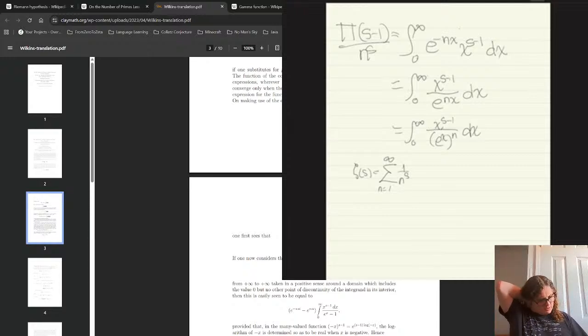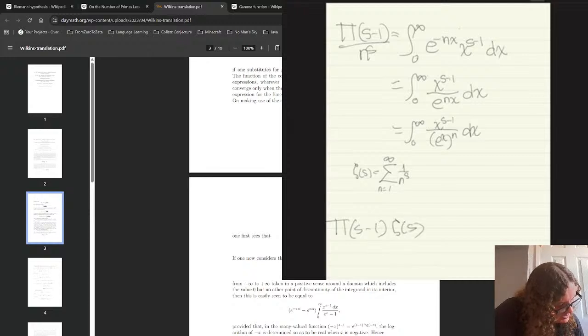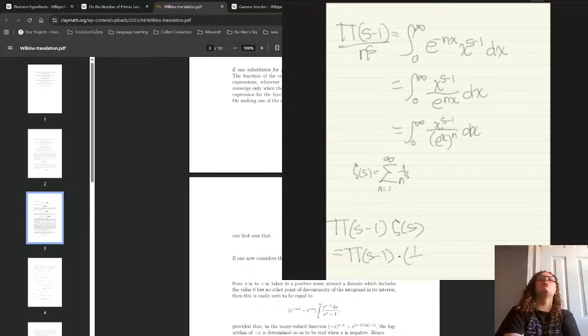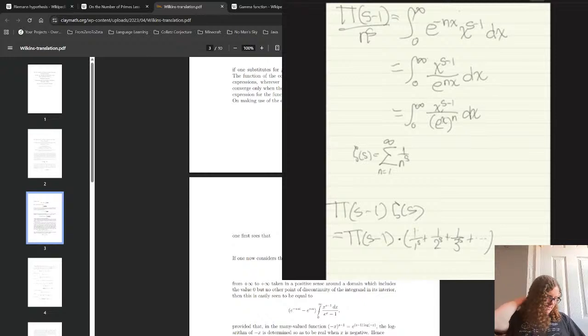So if we do this, then this is capital pi of s minus 1 times 1 over n to the s, or I guess 1 over 1 to the s plus 1 over 2 to the s plus 1 over 3 to the s, etc. Oh, right.